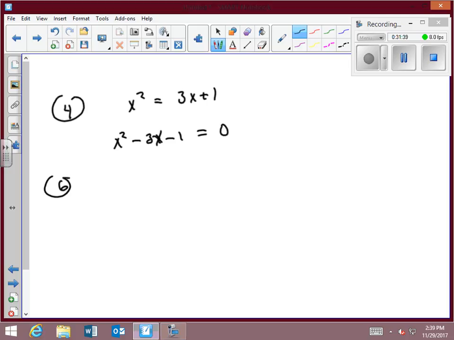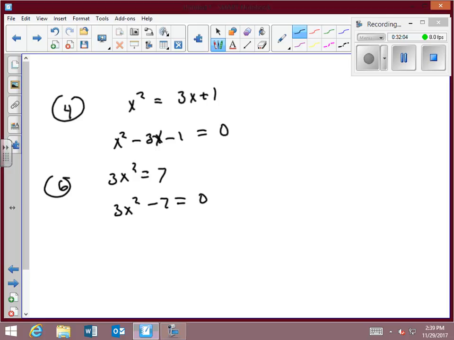6. So what are we going to do with this one to get it in standard form? Okay, move the 7 over. Now, a quadratic equation, does it always have to have 3 terms? No. It can have 2 terms, we just have one there.